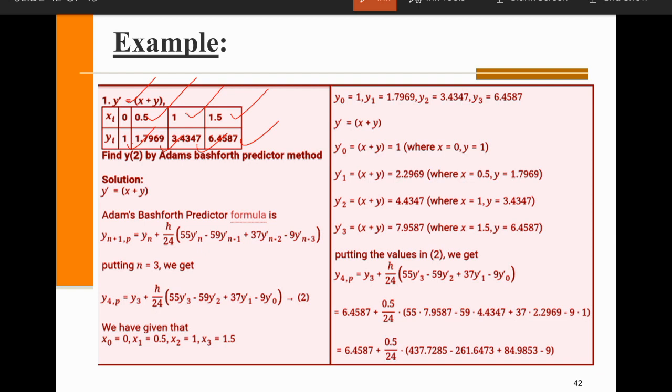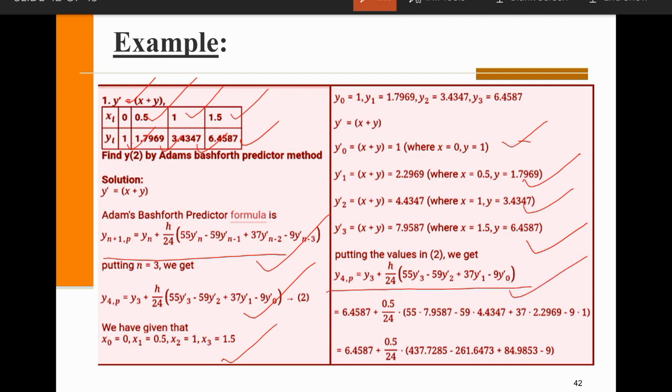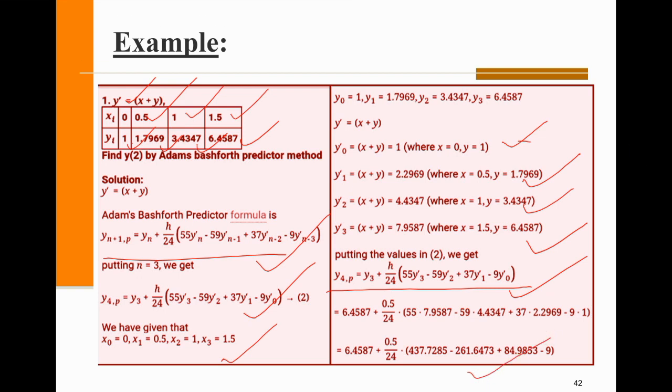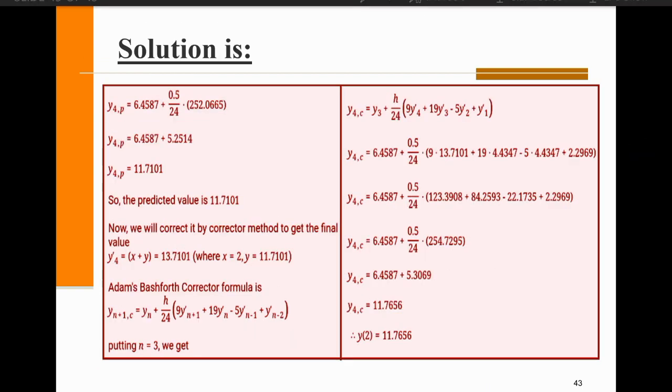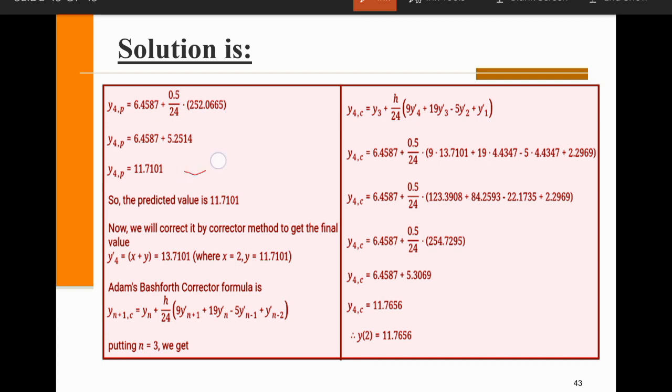So again, in the very similar way, we predicted the value of y4 by applying the Adams-Bashforth technique. We have calculated y0 dash, y1 dash, y2 dash, y3 dash. So after finding all these values, we substituted the values in the Adams-Bashforth technique. This becomes our prediction of the fourth y4, right?